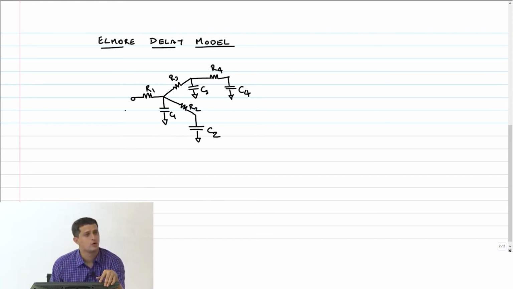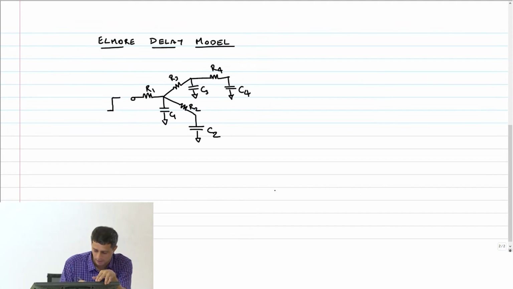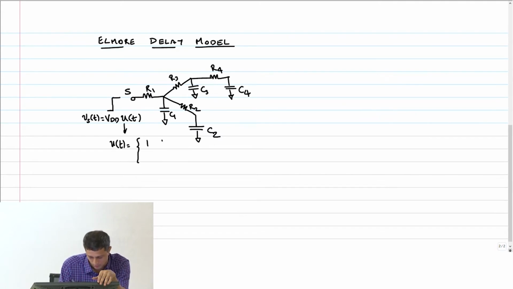This is my source node, and I am assuming that the input goes instantaneously from 0 to VDD. That means Vs of t is VDD into u of t. This is the unit step function, u of t equals 1 for t greater than or equal to 0 and 0 for t less than 0.